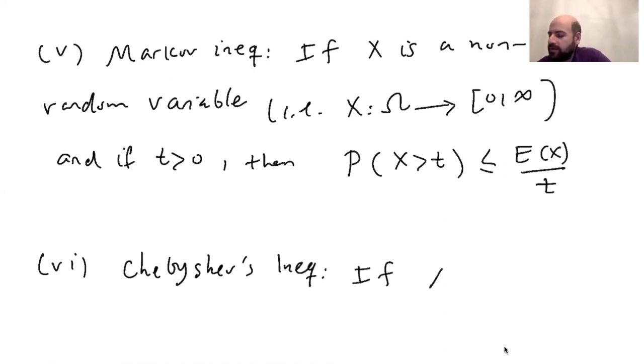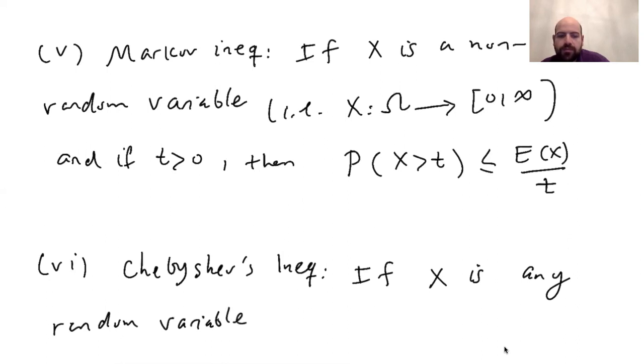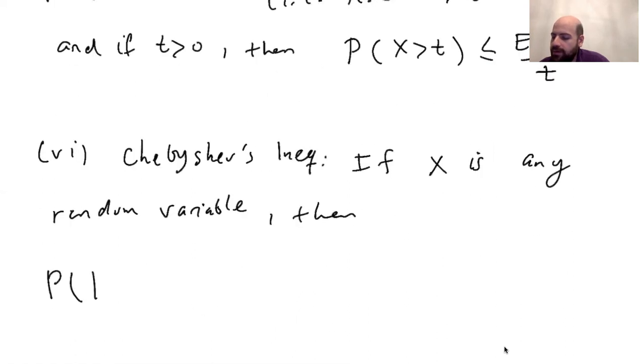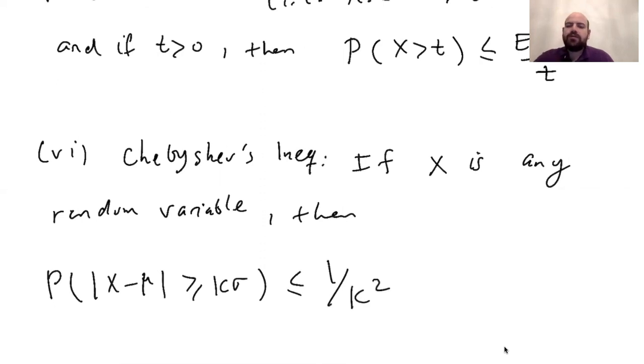If X is any random variable, then probability of absolute value of capital X minus mu bigger than or equal to K sigma is less than or equal to 1 over K squared. So this is one way to express Chebyshev inequality.